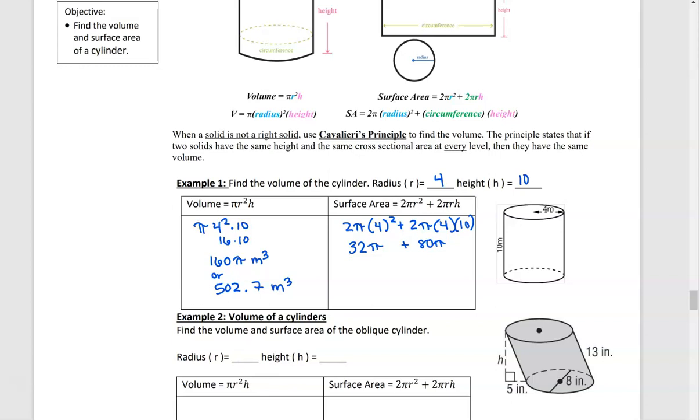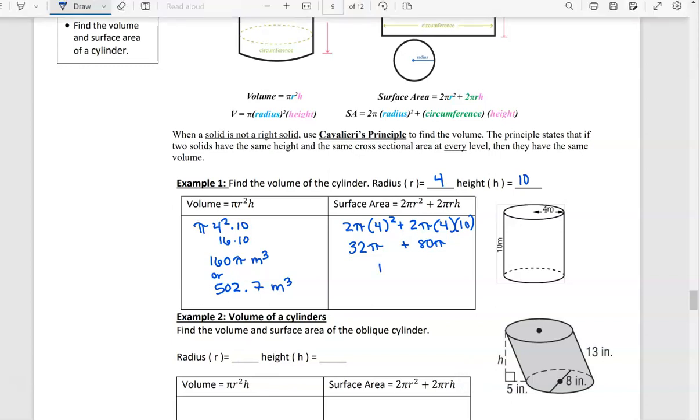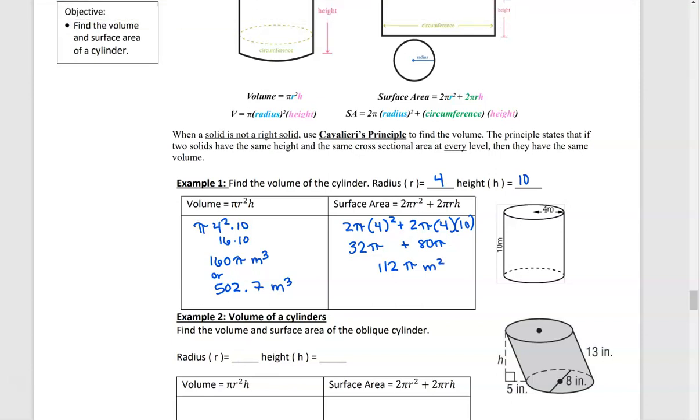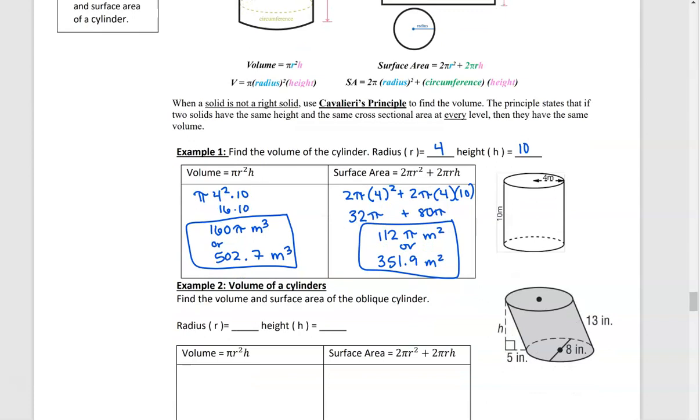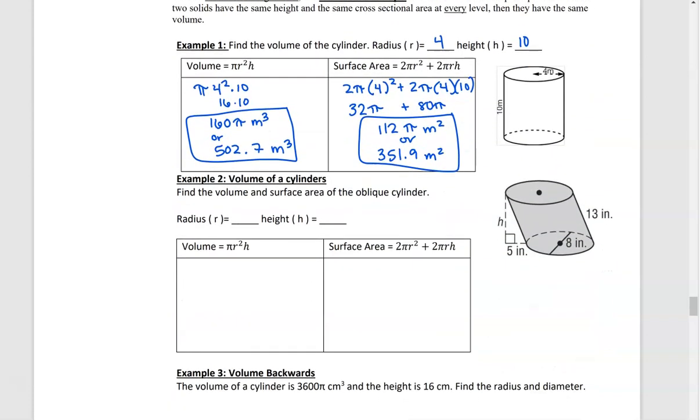And then if we add 80 and 32, it's 112 pi meters squared, and 112 times pi is going to be 351.9 meters squared. So not sure which one, but it's nice to be able to calculate both in terms of pi as well as to the nearest tenth.